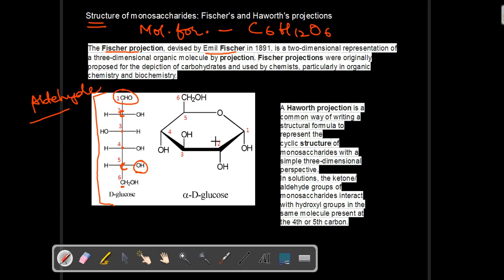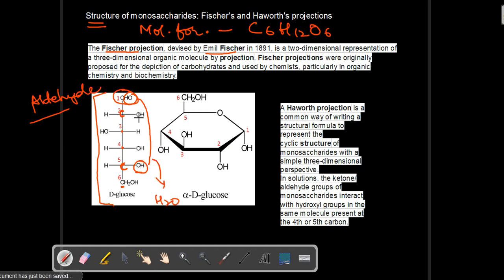They can also interact with many other hydroxyl groups within the chain. It depends upon the length of the monosaccharide. Anyways, what happens in real life situations, or in aqueous solutions to be very specific, is that the OH group of the aldehyde interacts with the OH group at position number 5 or 4, and when they interact together, a molecule of water is liberated.